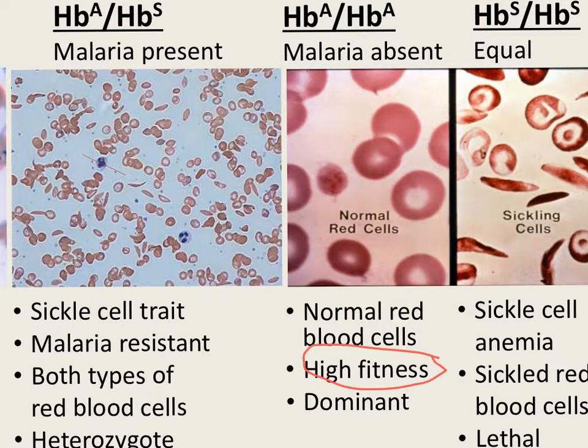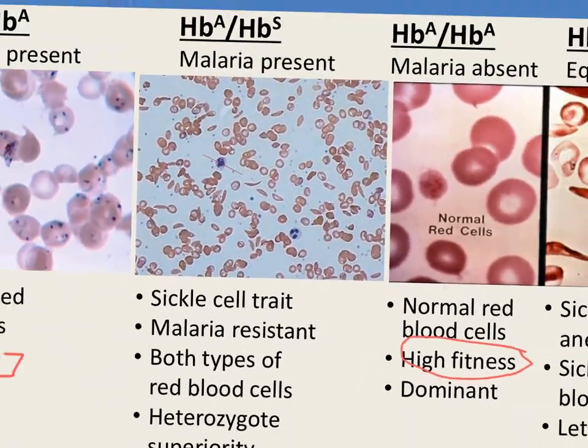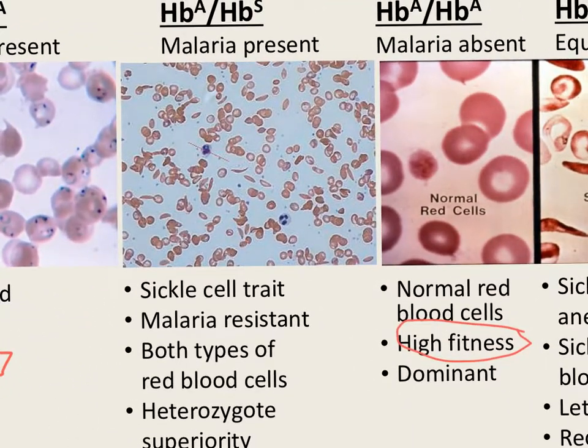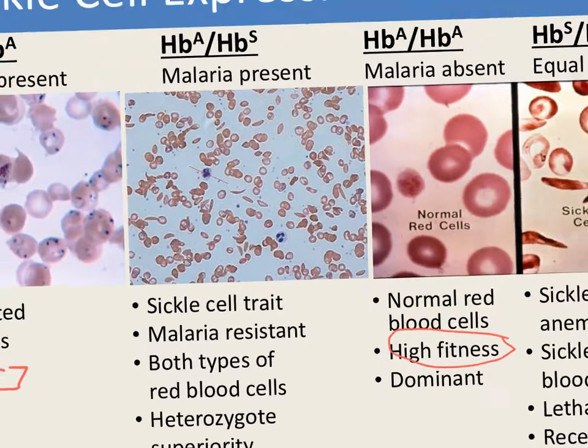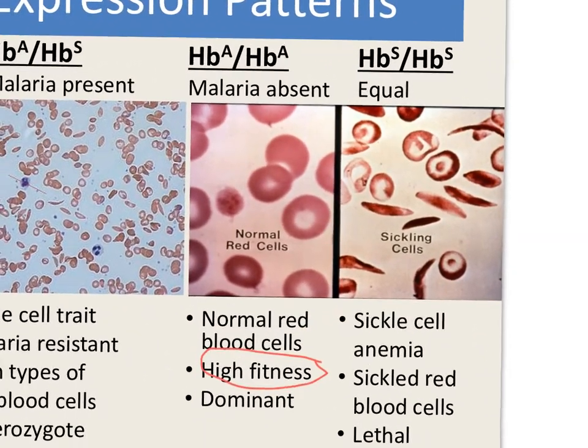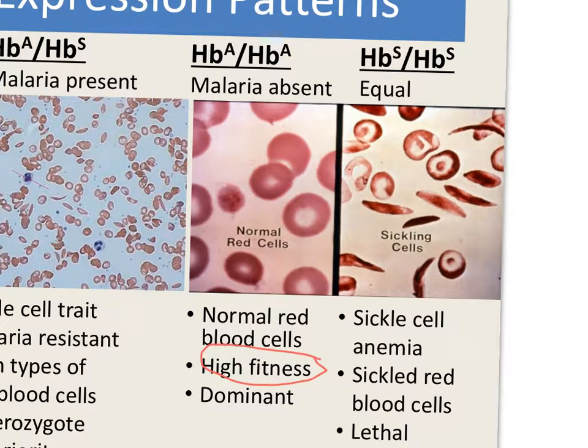Now, when you have the heterozygote, and let's take a look at when malaria is absent, for the homozygote, obviously we have sickle cell anemia.